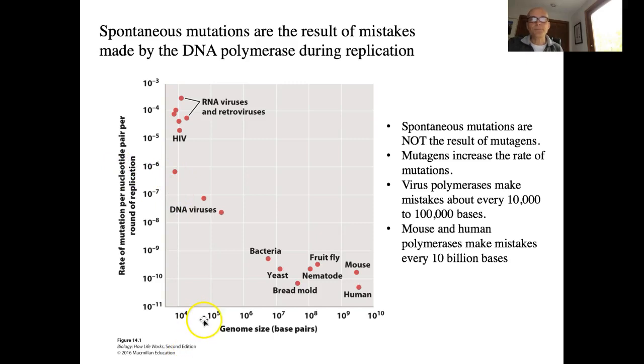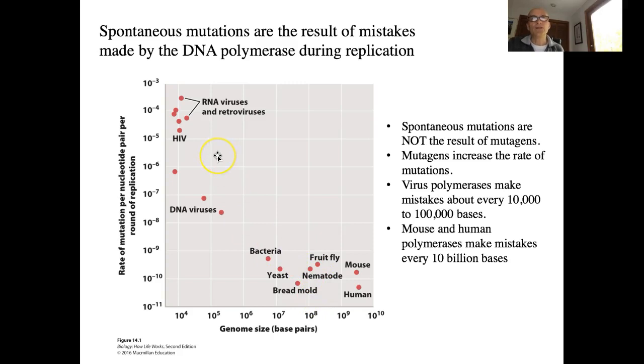And there seems to be a relationship between the frequency with which there are mistakes made by the DNA polymerase, and the genome size, so how big the genome is.